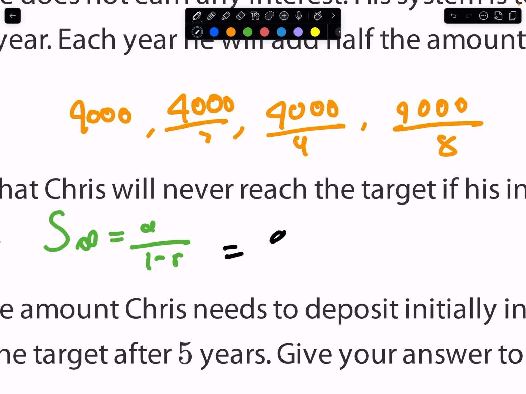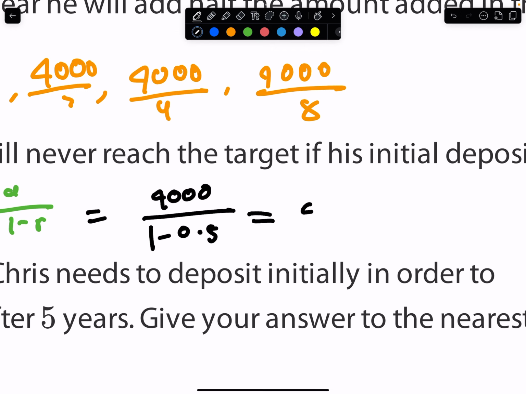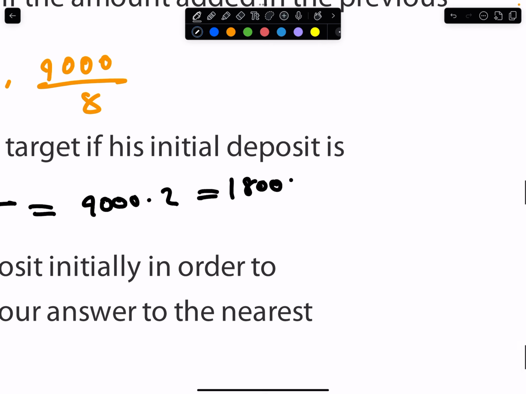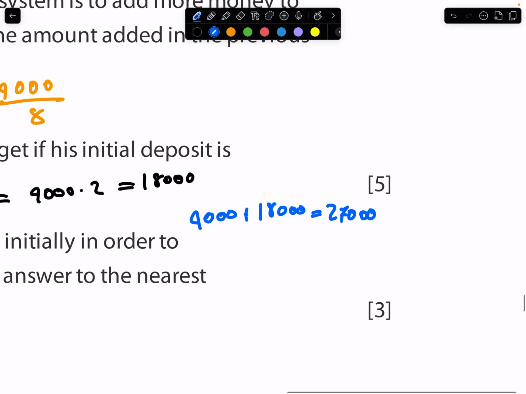S is equal to 9,000 over 1 minus 0.5, because r is half, which equals 9,000 times 2, which gives us 18,000. So he started with 9,000, so the total would be 9,000 plus 18,000, which equals 27,000. He can't reach 20,000 in a finite number of years. He gets close, but only approaches 27,000 over time.